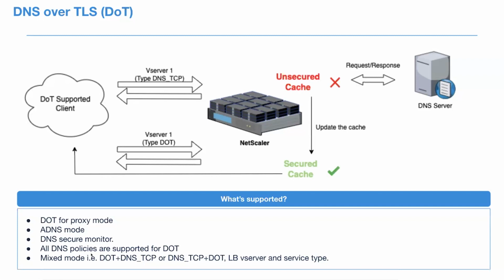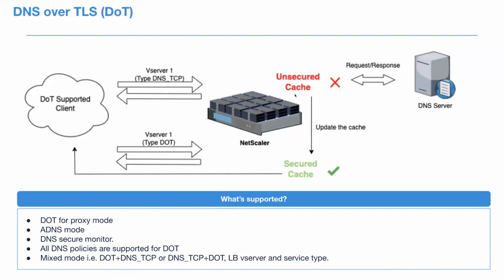Another feature which NetScaler has implemented is DNS secure caching. The benefit any enterprise customer will get is, if you have a DoT supported client, the query will be learned via a secure channel. We cache the record as a secure cache, because when a client asks for data which is not available on NetScaler but is coming via a DoT client, NetScaler will not provide them unsecured data.